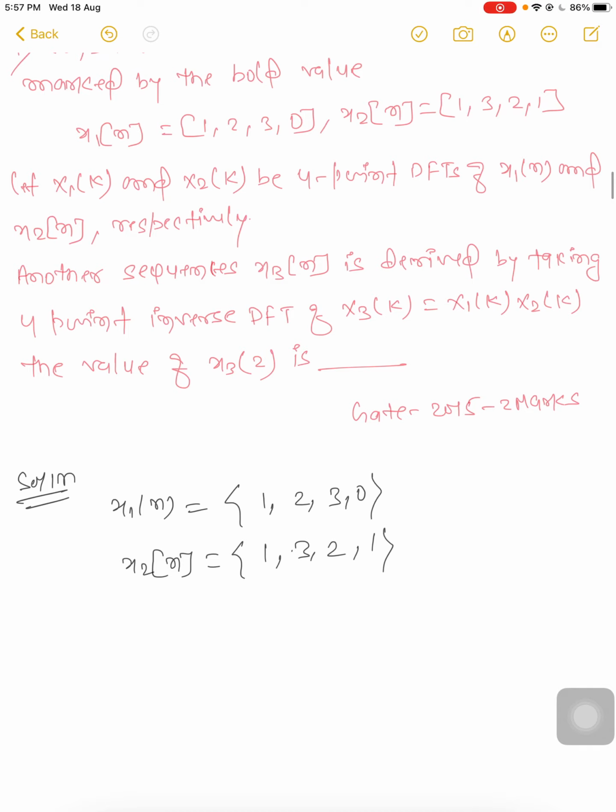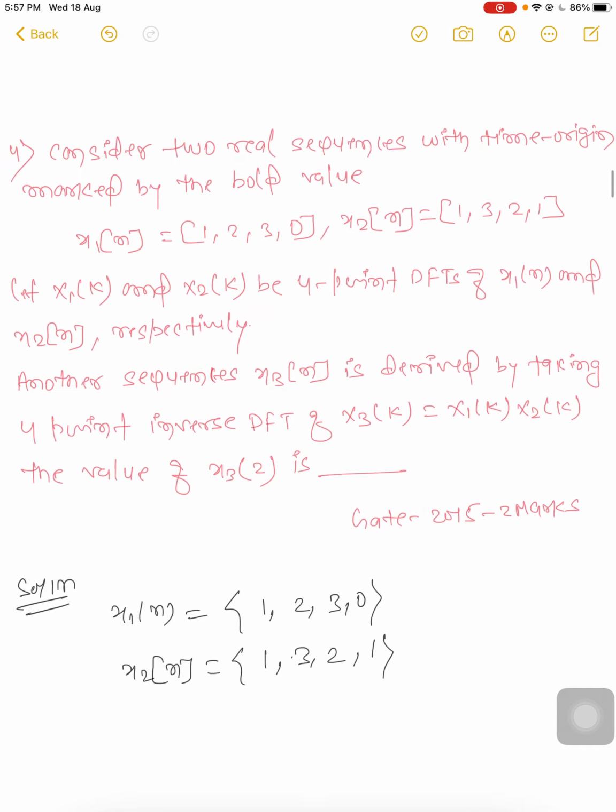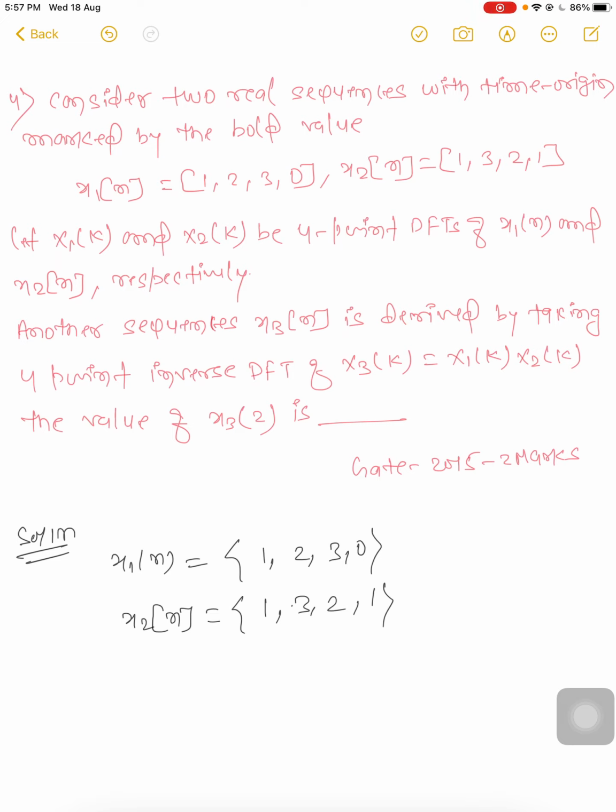So what is x3? X3 k is given by X1 k and X2 k.